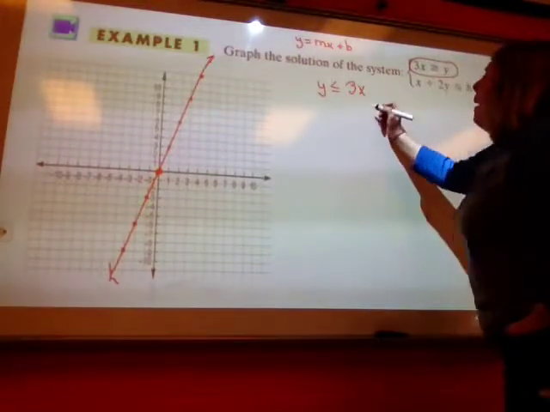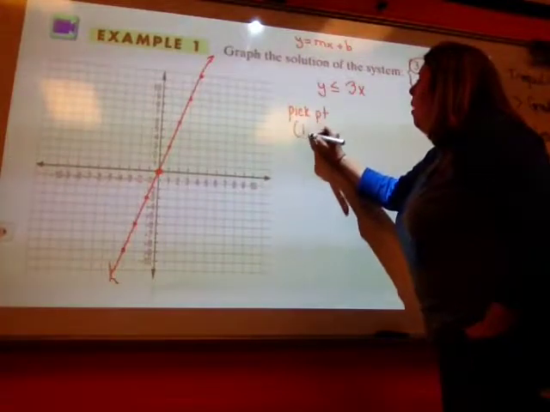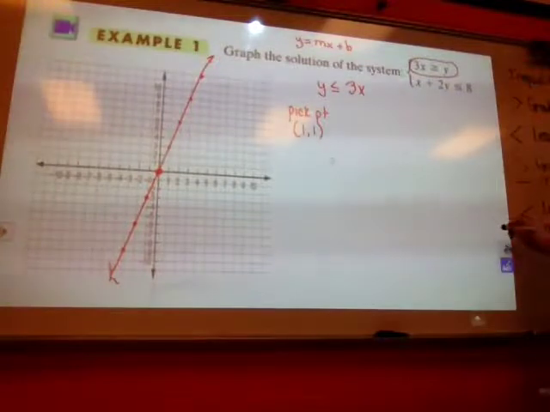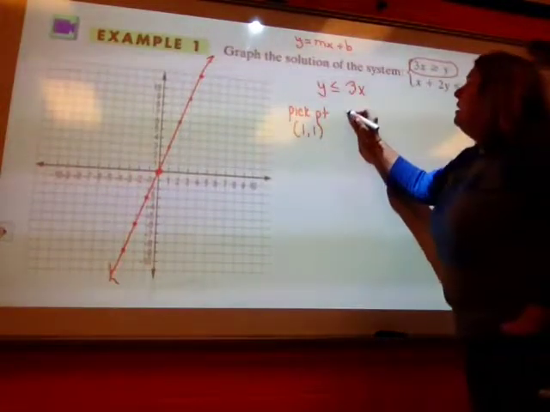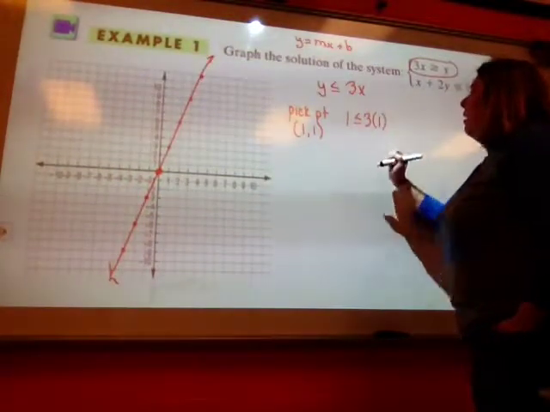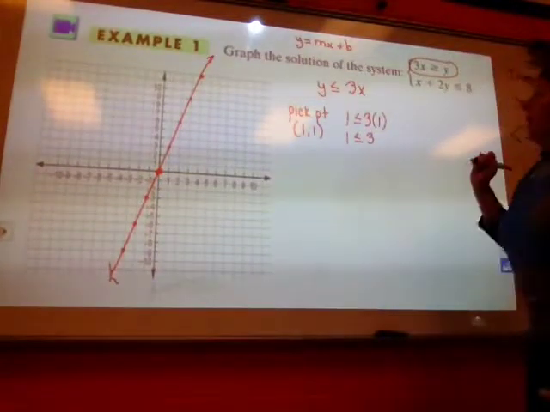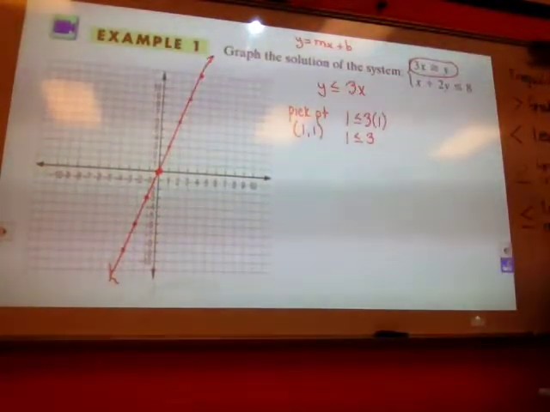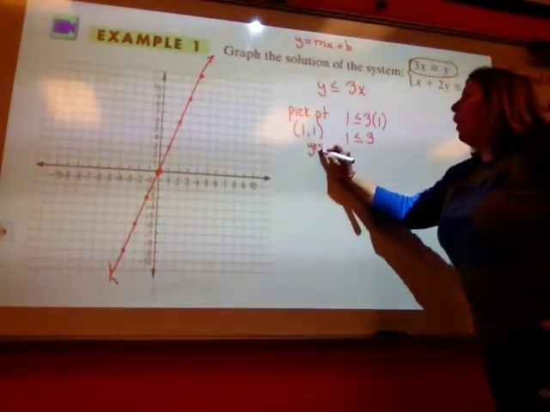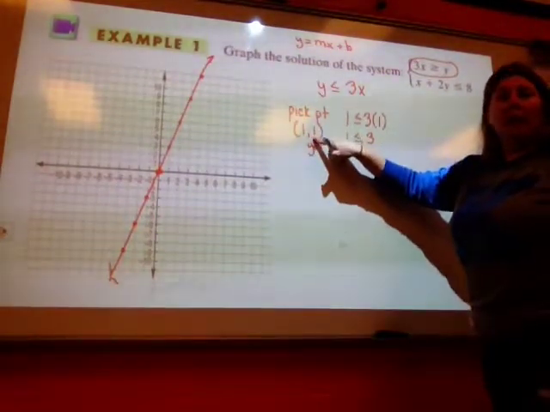So if I pick the point 1, 1, and substitute it into my inequality, that's going to tell me 1 is less than or equal to 3 times 1, which means 1 is less than or equal to 3. Does that work? Is 1 less than or equal to 3? Yes.